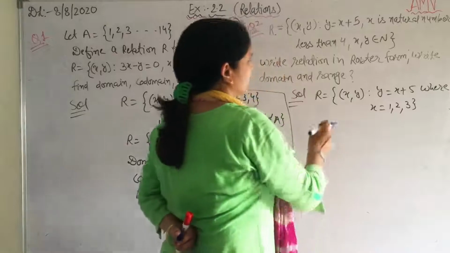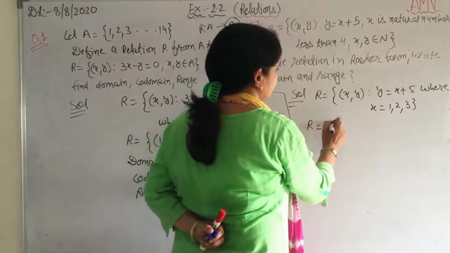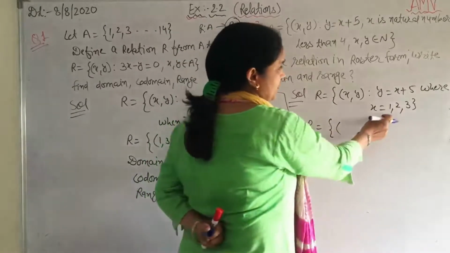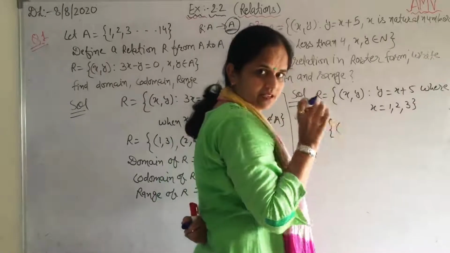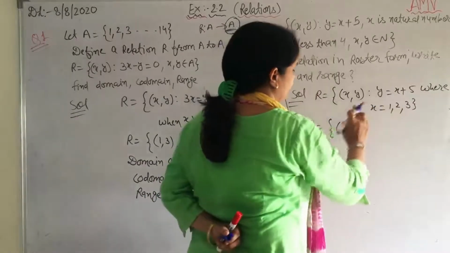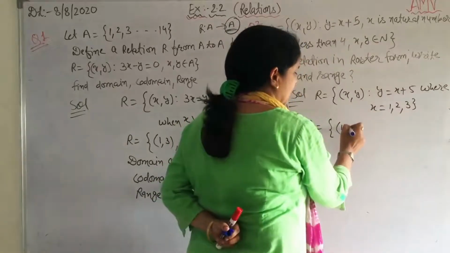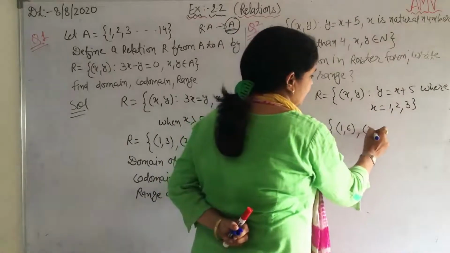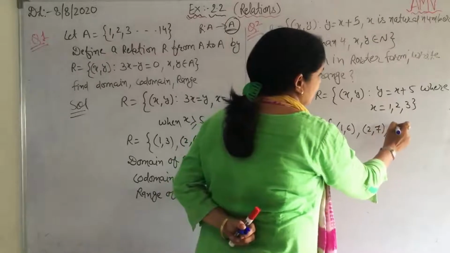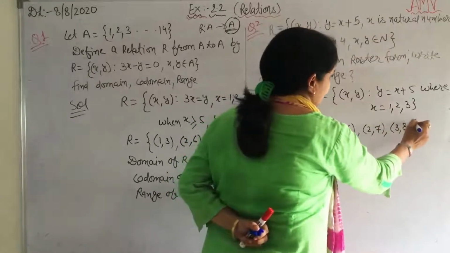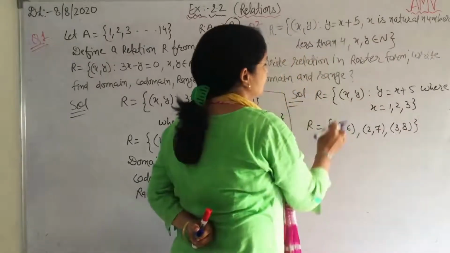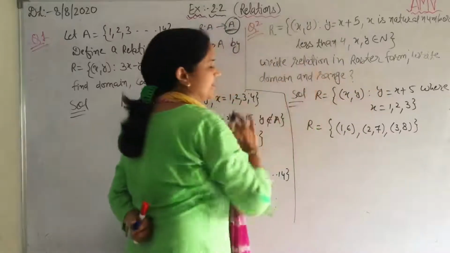Okay, and R is equal to, now substitute the value of x in the given equation, you will find the value of y. So 1 relates to 1 plus 5, it's 6, 2 relates to 7 and 3 relates to 8. Okay, it is the roster form of the relation.